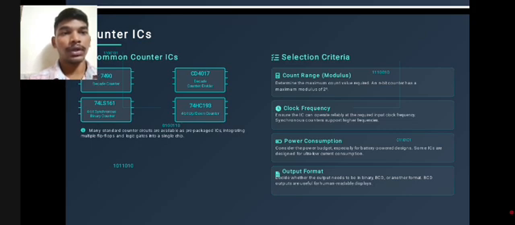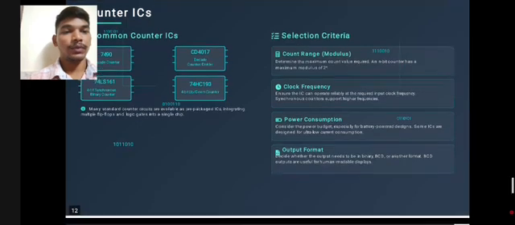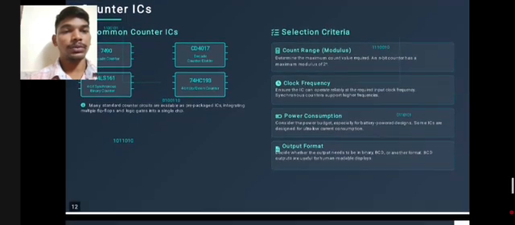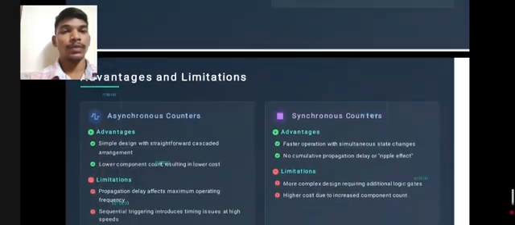Synchronous counters support higher frequencies. Power consumption: consider the power budget, especially for battery powered designs. Some ICs are designed for ultra low current consumption. Output format: decide whether the output needs to be binary, BCD or another format. BCD outputs are useful for human readable displays.